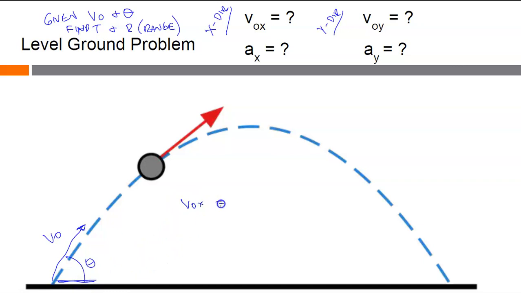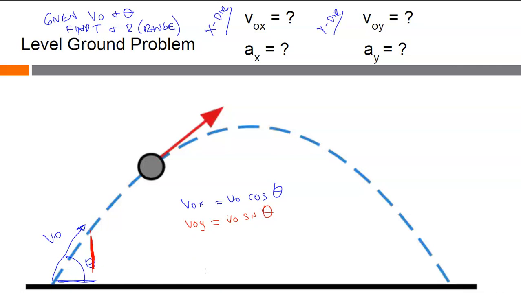So V0x is going to be equal to V0 cosine theta. Similarly, I want the y component, and that falls right here, opposite the angle of inclination. So V0y equals V0 times the sine of theta.